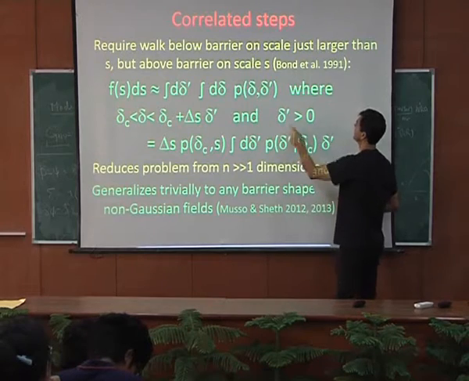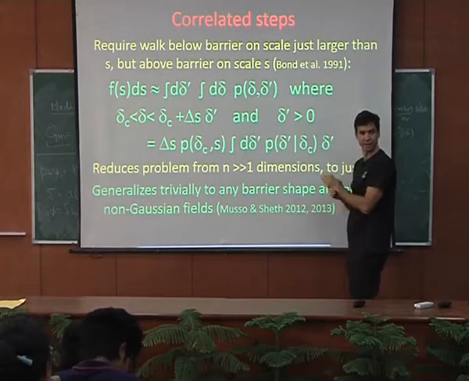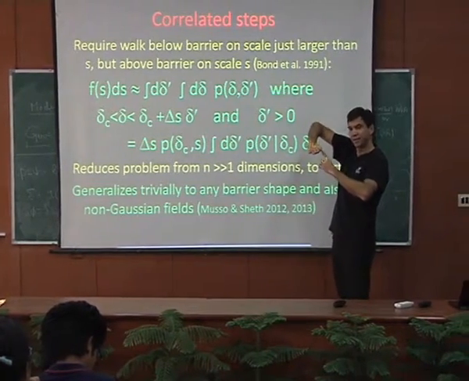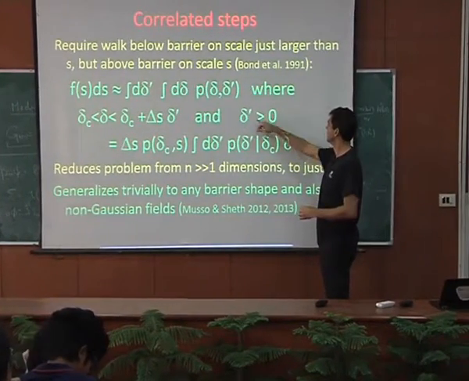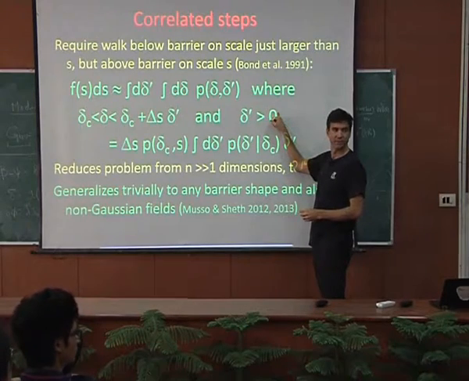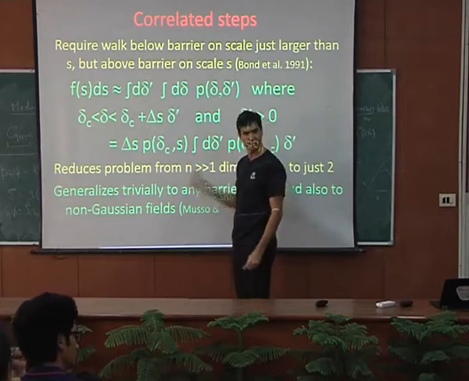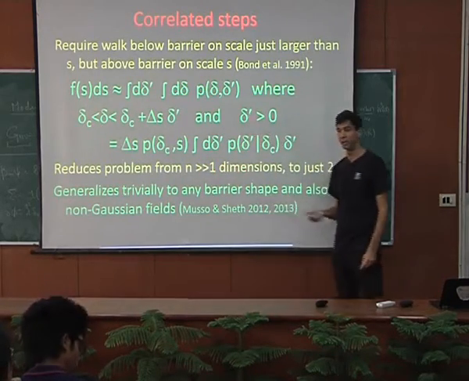Now my delta prime has to be crossing the barrier. So if the barrier is also increasing, then it has to be increasing more steeply than the barrier. And similarly here, it will be more steeply than the barrier. That's all. So it all goes through very easily.